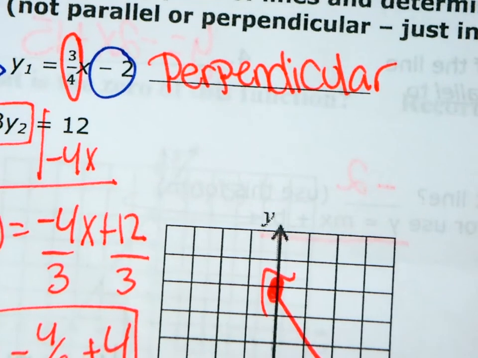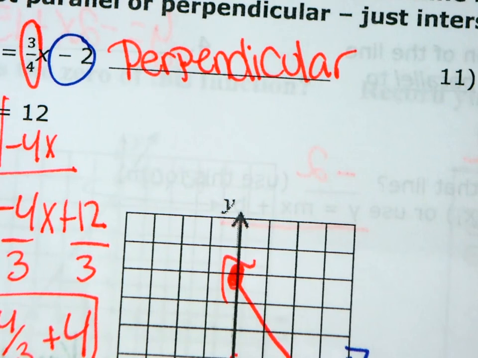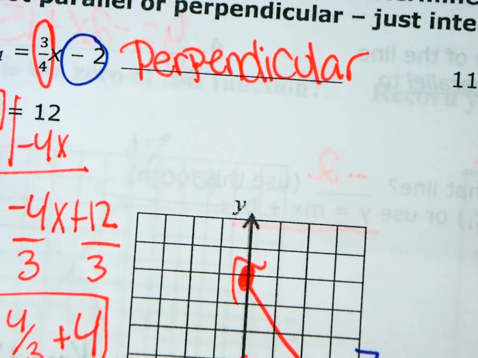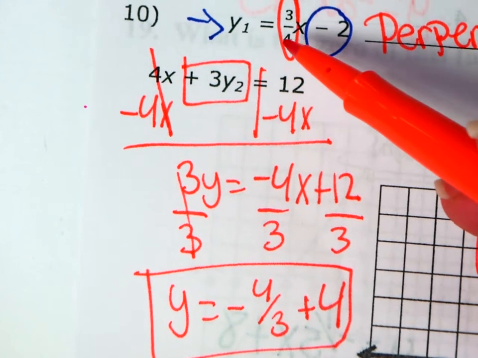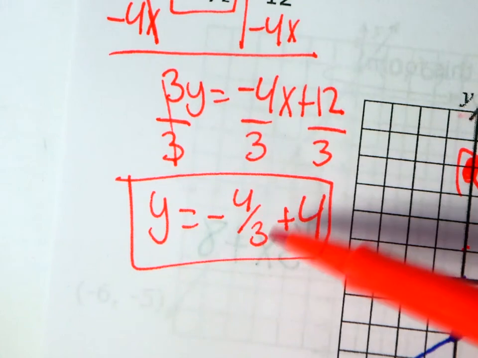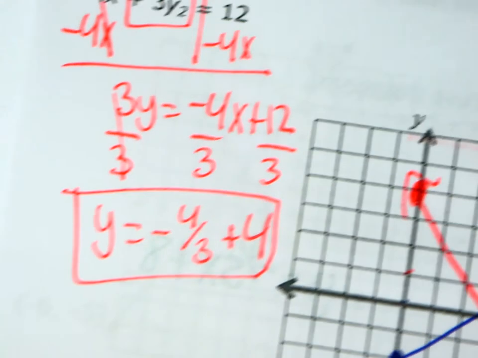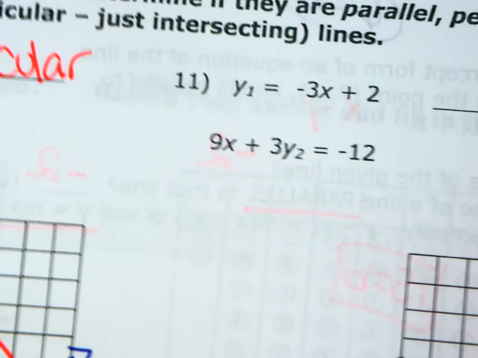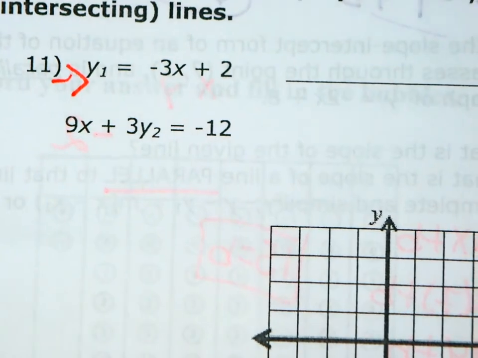Perpendicular. As long as your slopes, 3 over 4, 4 over 3, see how they're flipped and the signs are different? That's why.